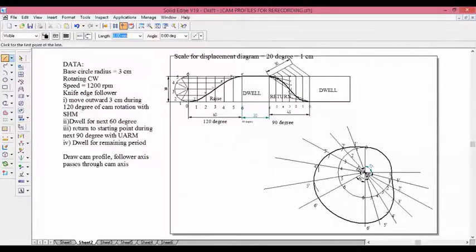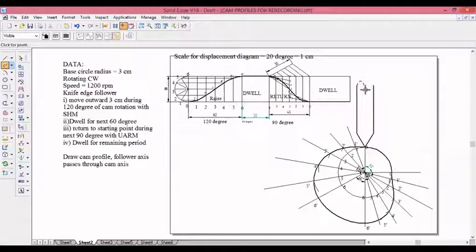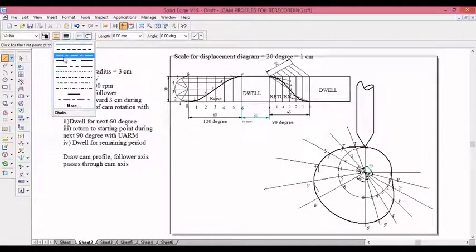Show the knife edge follower here using thick line. So knife edge follower will be like this. And at the end you show a cut portion of the knife edge follower. And you can show the guides also if you want, and show the axis of the knife edge follower.